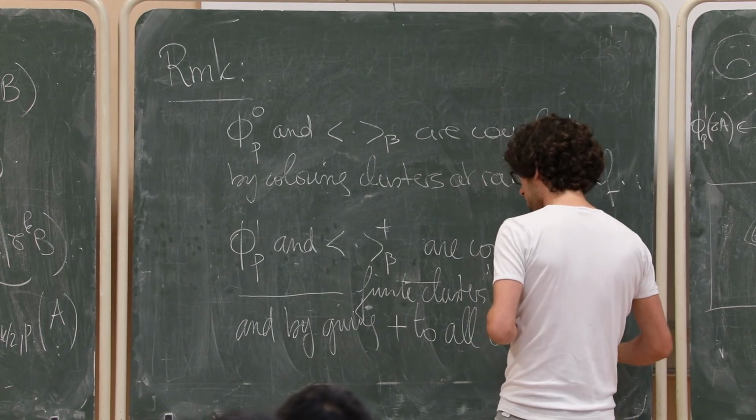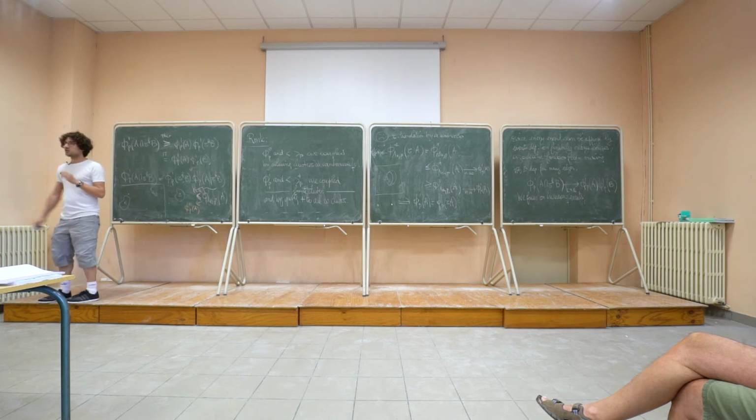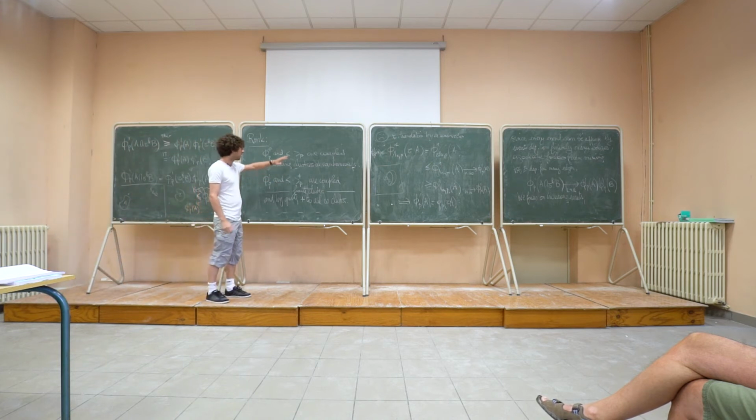Clusters meaning connected components, sorry. Okay? So here's the trick, and I really want to highlight it: here if you have several infinite clusters, they receive different plus minus spins. Here all the infinite clusters receive plus spin.